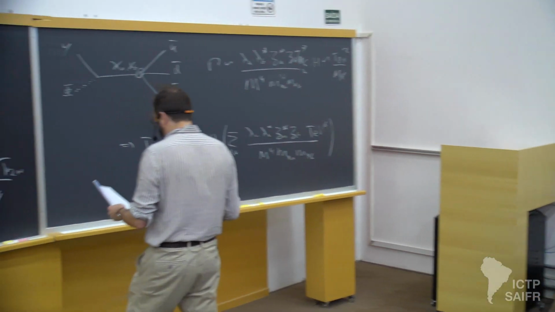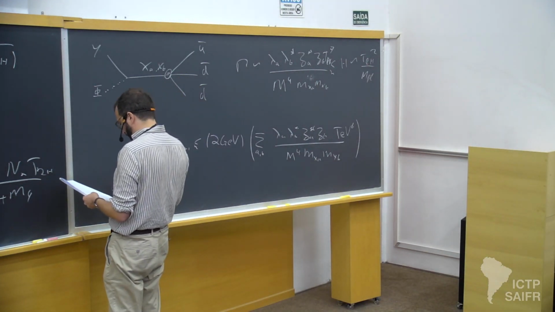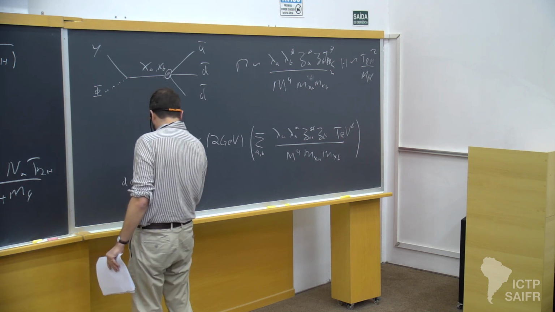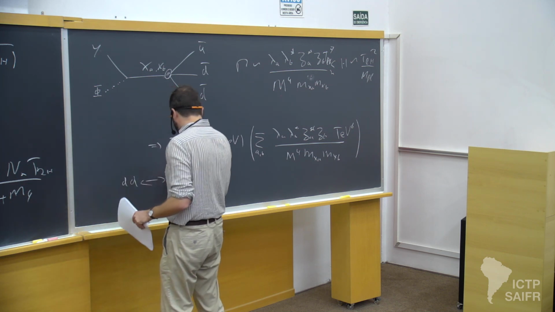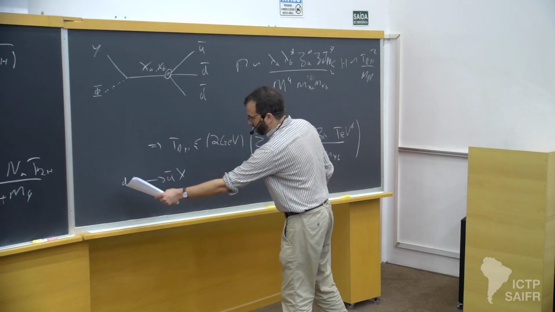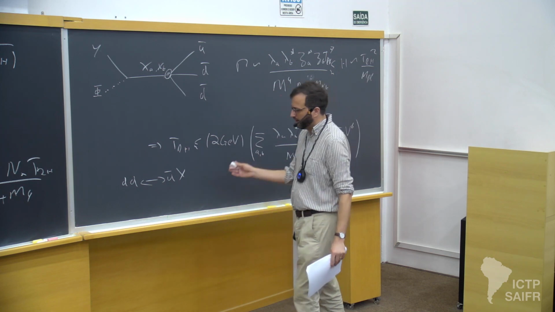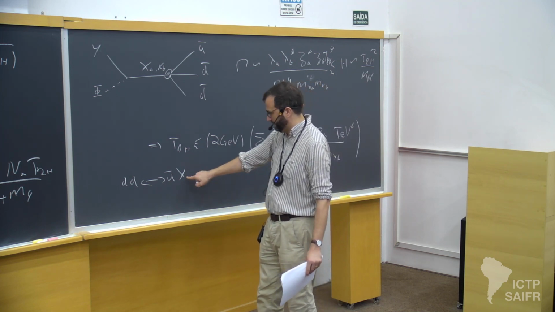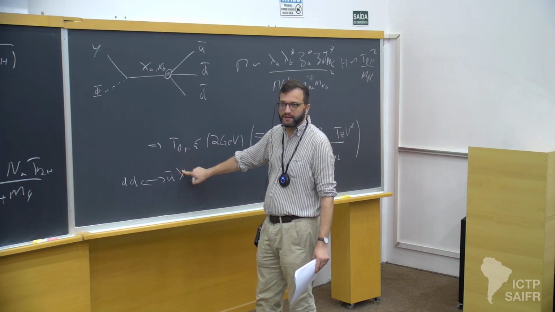And in principle, you should check other things such as washouts. But you can see here, this left to right process is going to be, in principle, kinematically suppressed if this is massive.